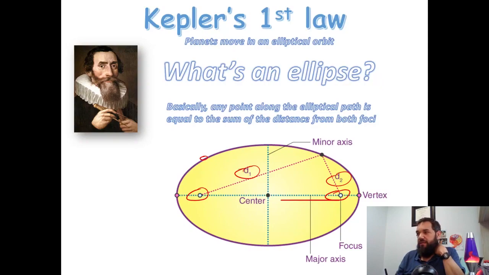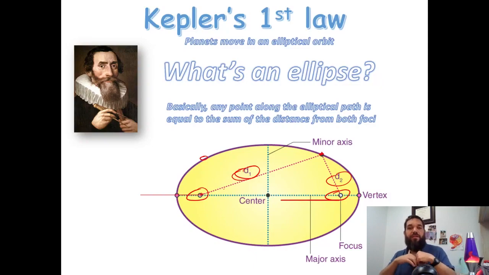The distance from this point on the ellipse to this focus is D2, and the distance from this point to this focus is D1. The sum of D1 plus D2 is always the same as you move around that ellipse shape.